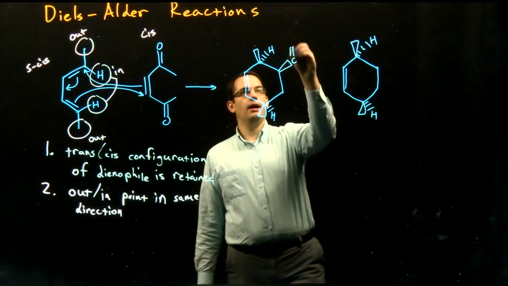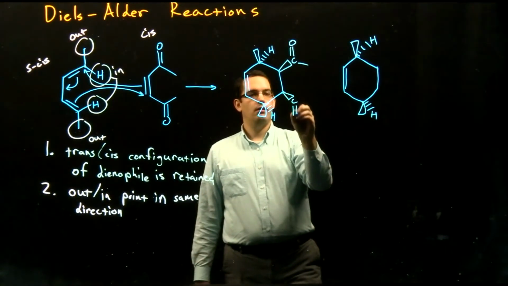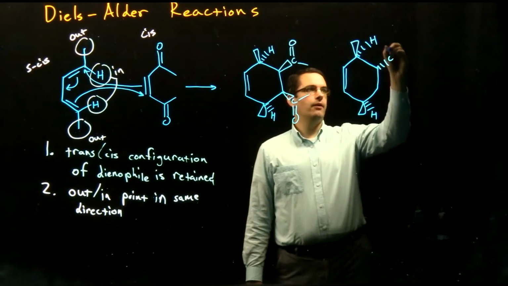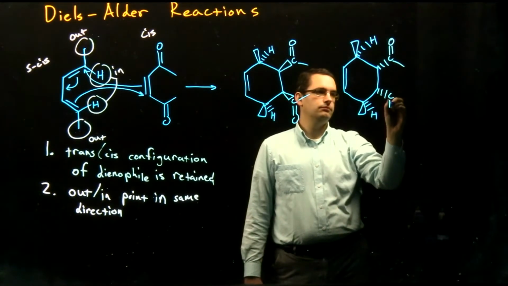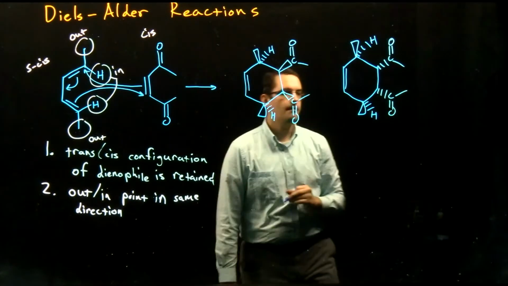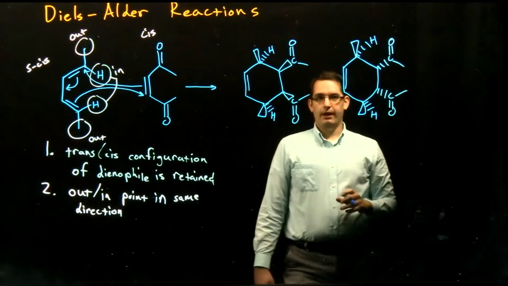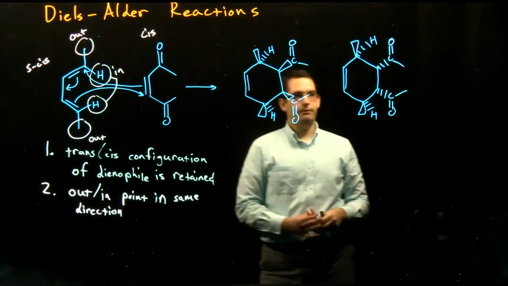So here they're going up. And over here, they'd be going down. So here's our two different possibilities then for our Diels-Alder reaction in this particular scenario.